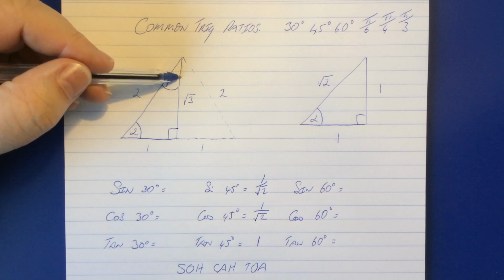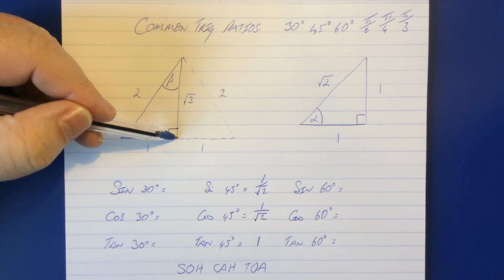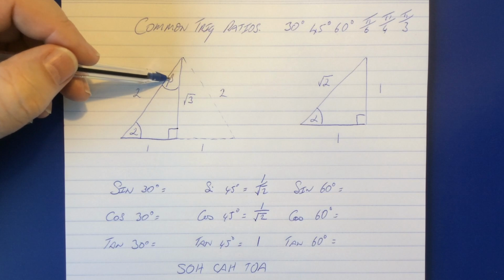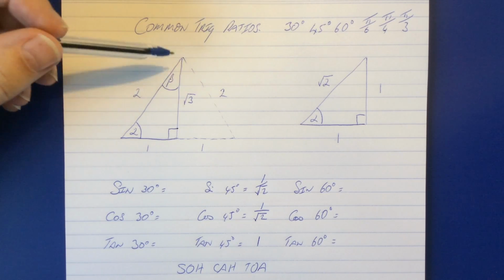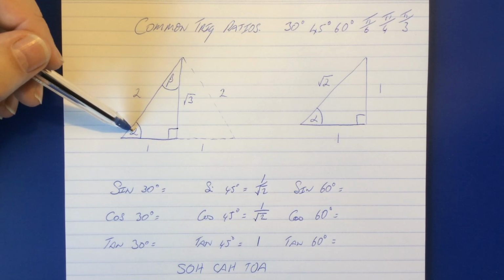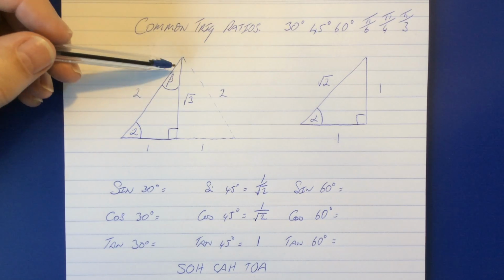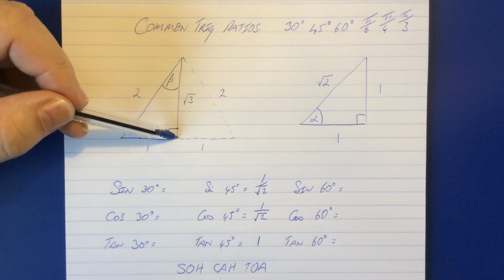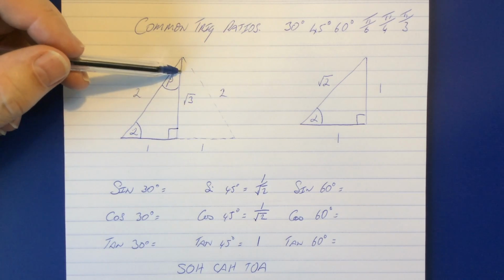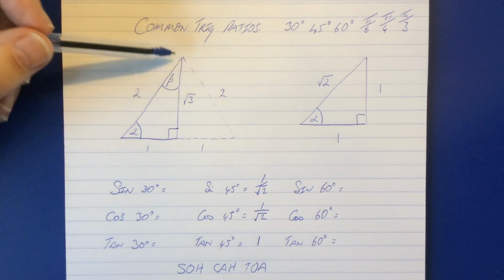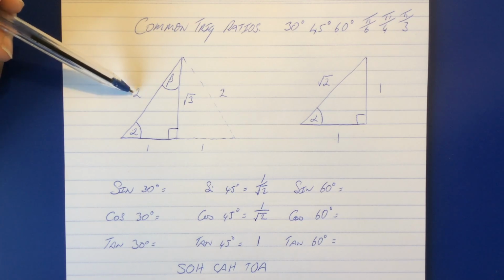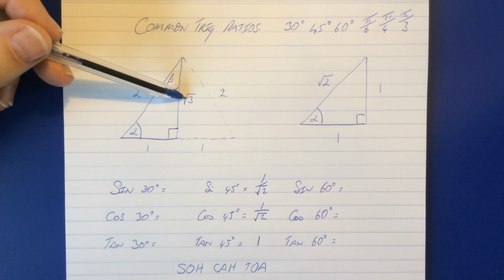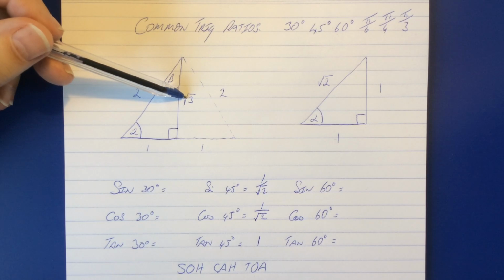And if we cut this thing in half, we know that this angle here will be 30 degrees. So 30 degrees, pi on 6, 60 degrees, pi on 3. We can also work out this length here, the height of this thing. It is 2 squared minus 1 squared, square root thereof, Pythagoras.